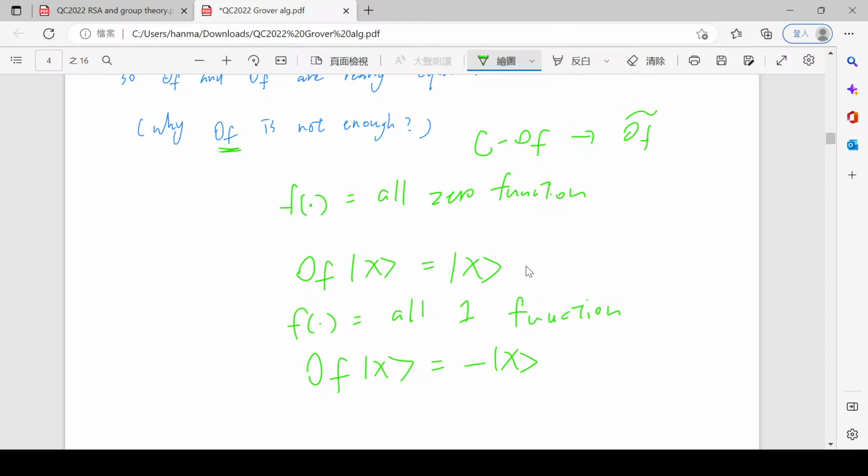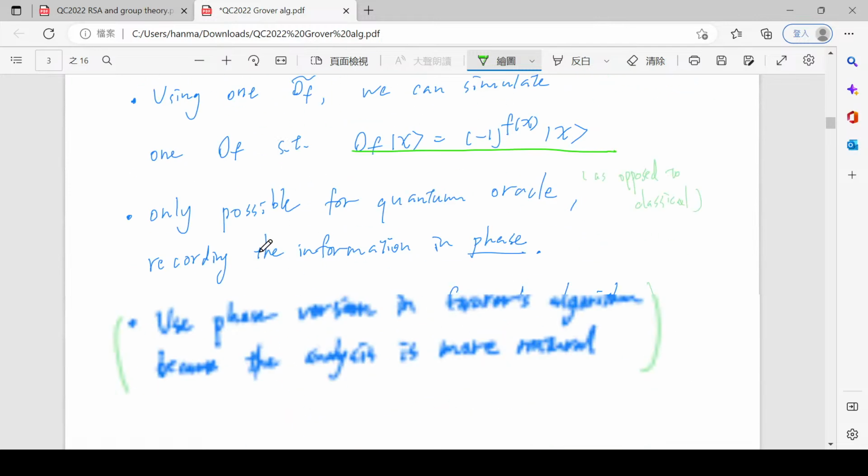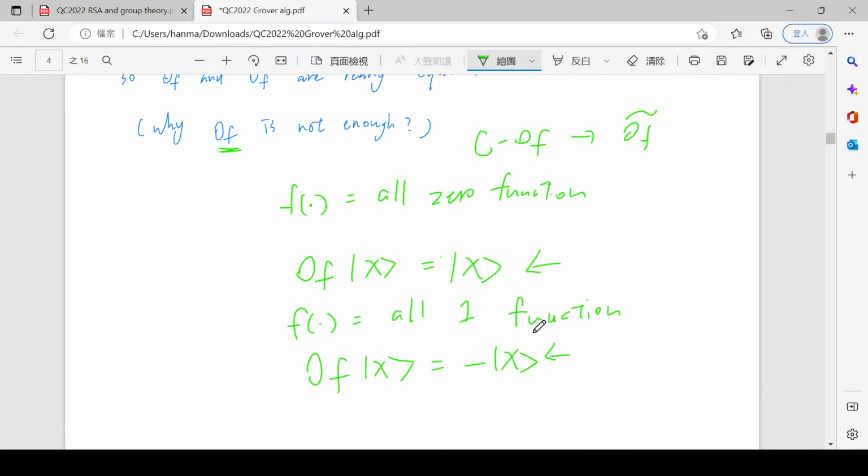But those things are actually the same because they differ by a global phase. This 1 here and the -1 here is a global phase. You cannot distinguish them. So actually, if you only have OF, you cannot distinguish the 0 function and the 1 function. And obviously that's a trouble, because if you look at OF tilde, it's very easy to distinguish those two. But if you have a control version, then you can distinguish them. So that's why you need a control version of the oracle.